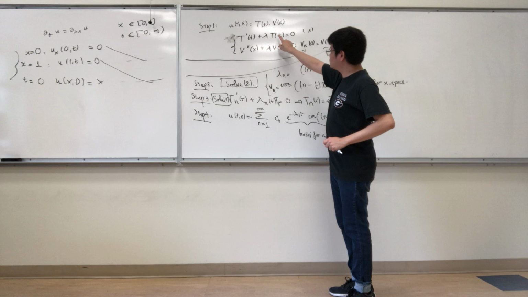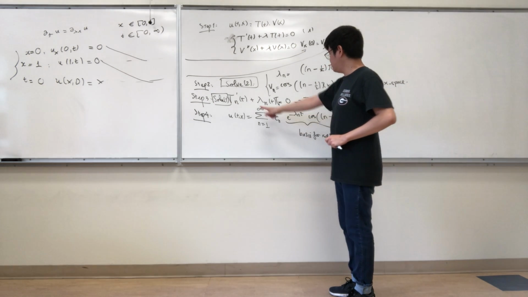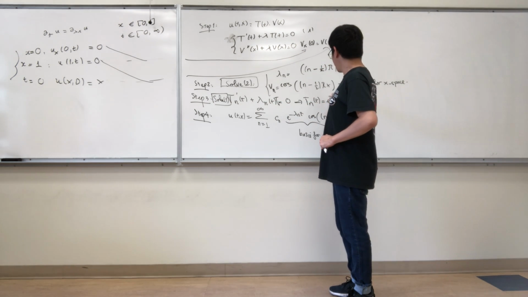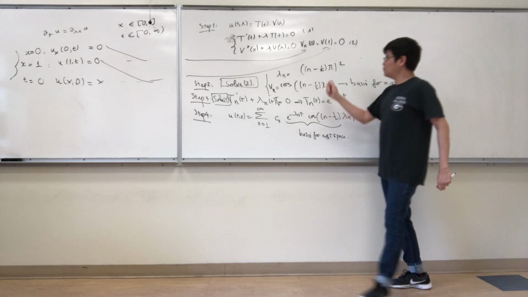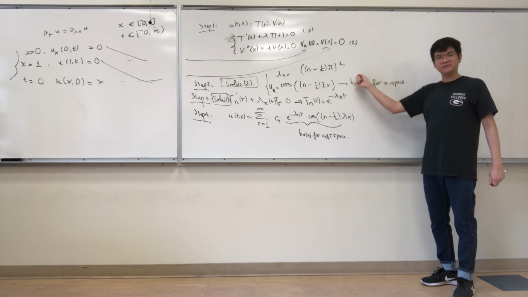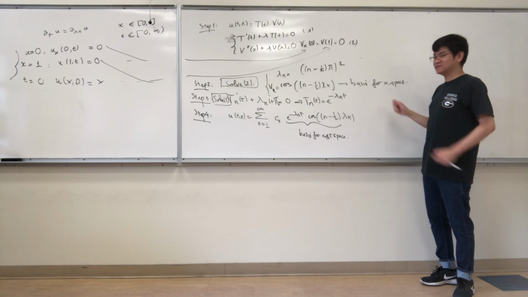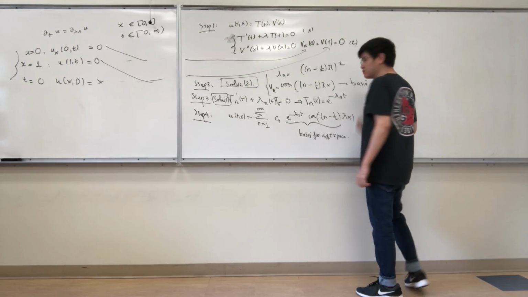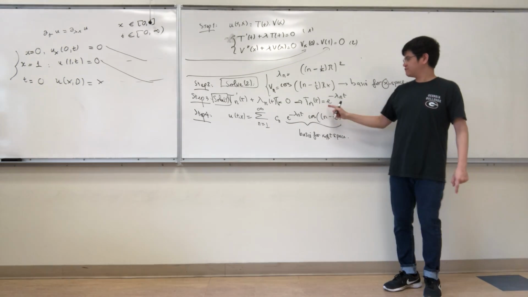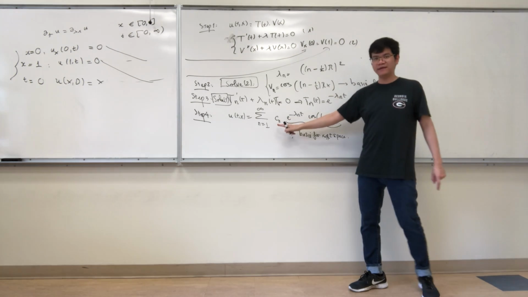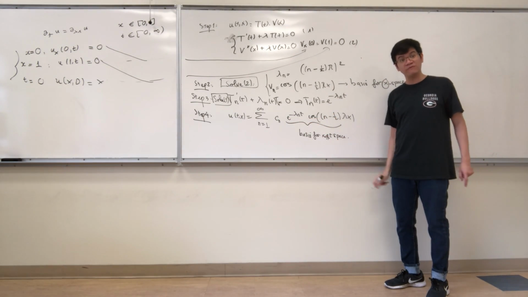You plug lambda n back into the first equation, you find Tn is exponential minus lambda n t. So when you solve the eigenvalue problem on x, you will have a basis for the x space. But now you have t and x, so you multiply both of them and you have a basis for both of them.